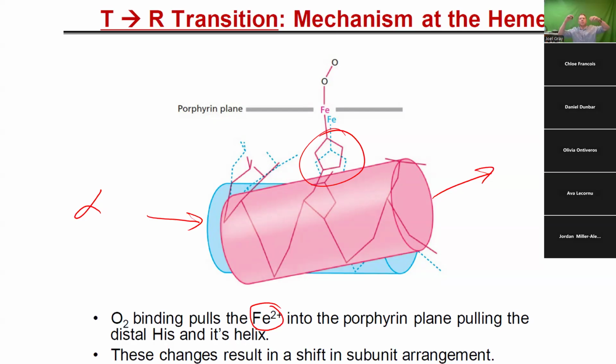This is a huge impact because it takes hemoglobin from its T state to its R state. Its T state is known as the deoxy state, and its R state is the oxy state, or its oxygenated and functional state.